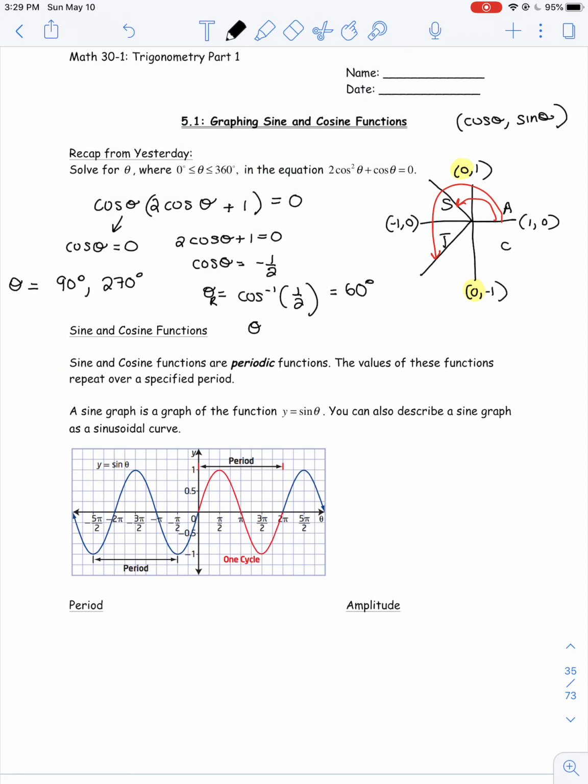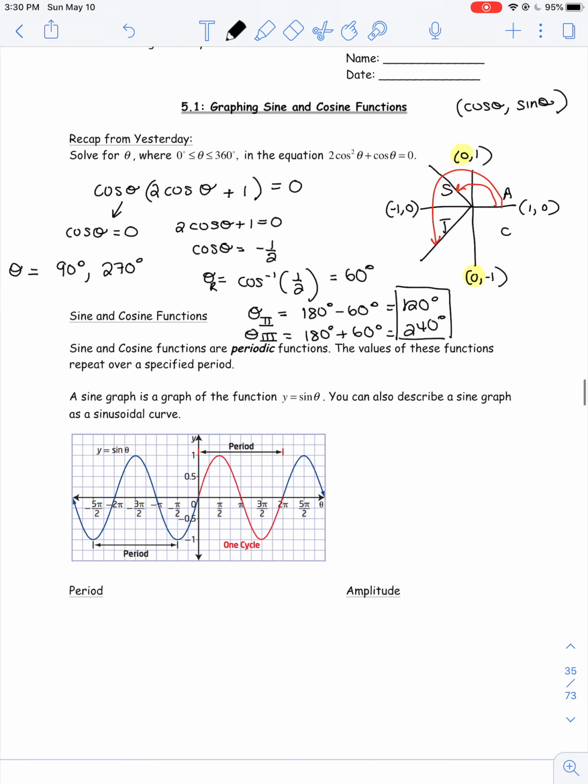In quadrant number 2, we're going to go 180 minus 60 degrees, and that equals 120 degrees. And then in quadrant number 3, we always have to do 180 plus the reference angle. So 180 plus 60 equals 240 degrees. So those are our four answers that we would need to solve for this single equation. That would be all the answers that we need.